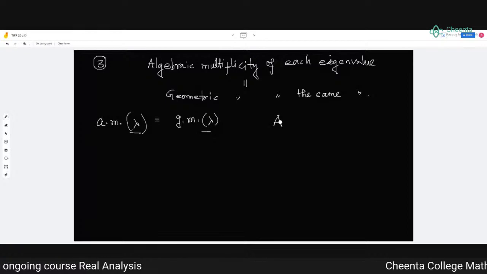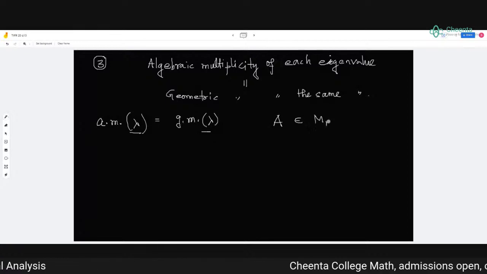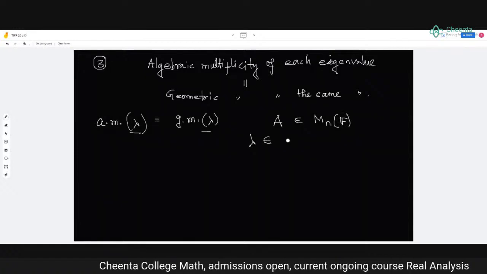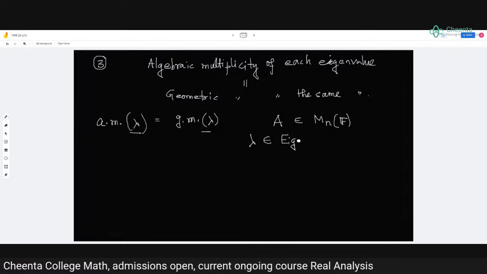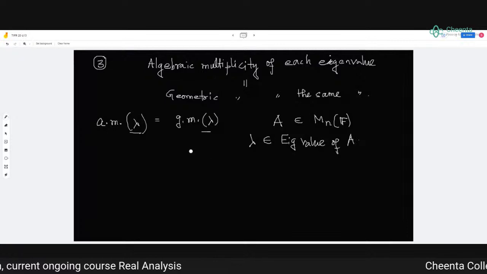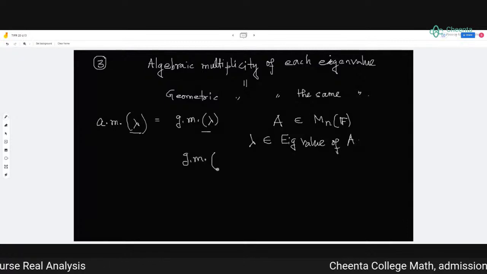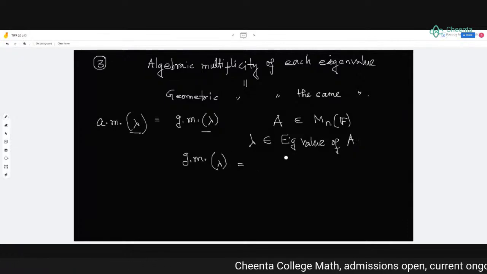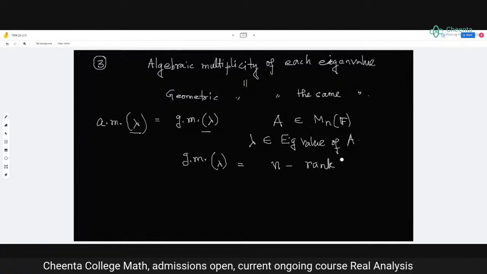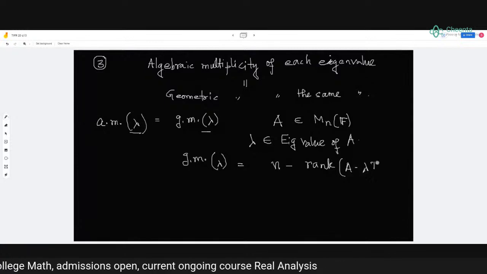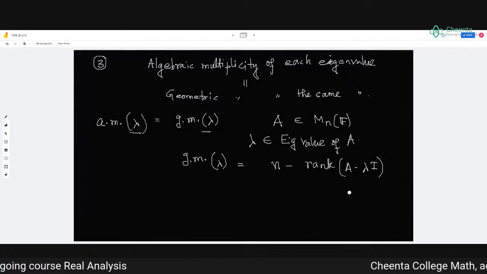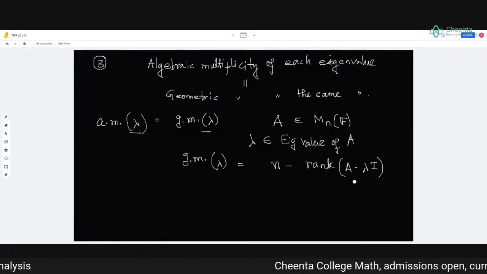Let's say you take A in M_n(F), and let's say lambda is an eigenvalue of A. The geometric multiplicity of lambda is n minus the rank of A minus lambda I, precisely the nullity of A minus lambda I. That's the geometric multiplicity of an eigenvalue.